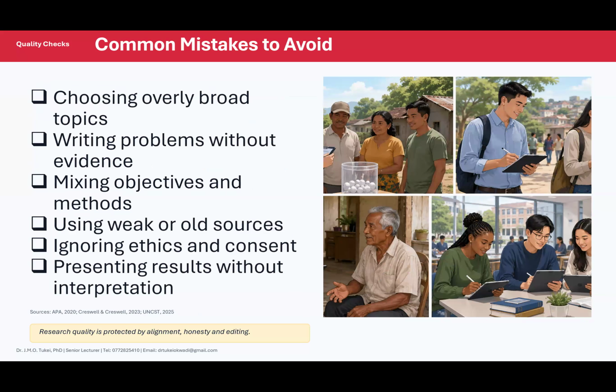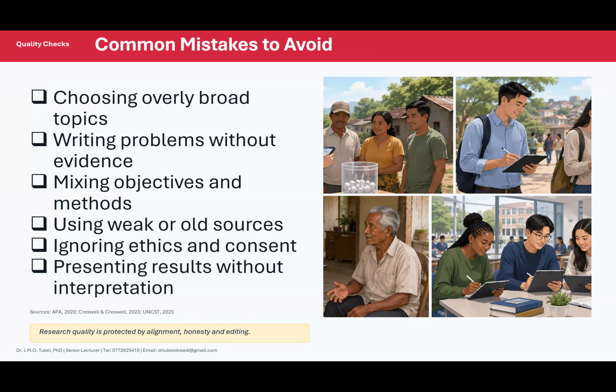Colleagues, let's look at the common mistakes to avoid. This includes selecting topics that are too broad, writing problem statements without evidence, using objectives that do not align with the title, and selecting methods because they appear easy.